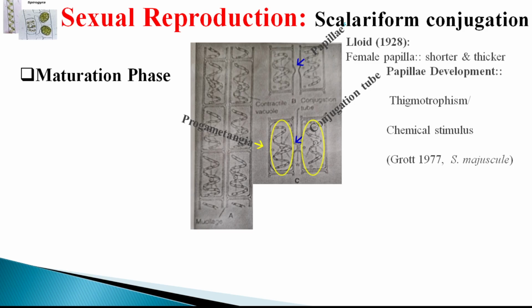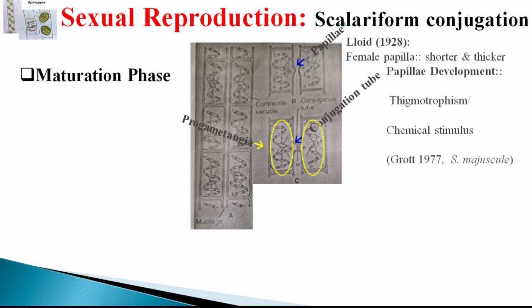The nuclei and nucleoli present in the protoplasm diminish in size, the permeability of such gametangial cells decreases, and the osmotic pressure of the cell sap also decreases dramatically. So these are some important processes taking place during this stage of maturation of Scalariform conjugation.